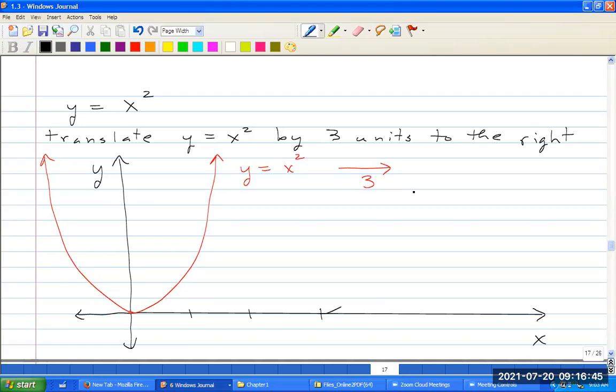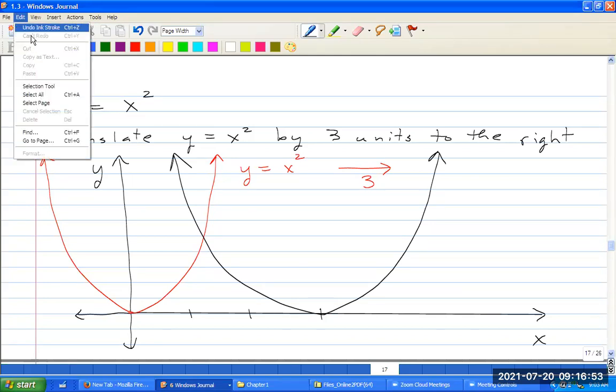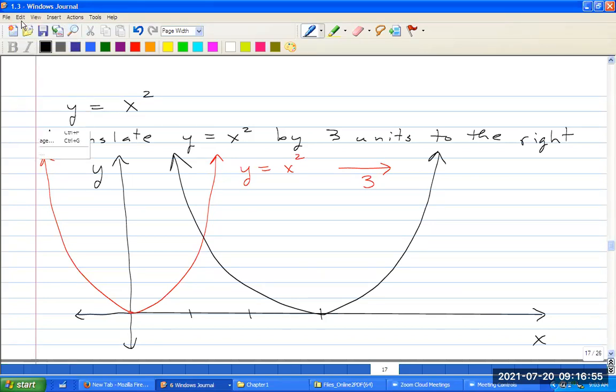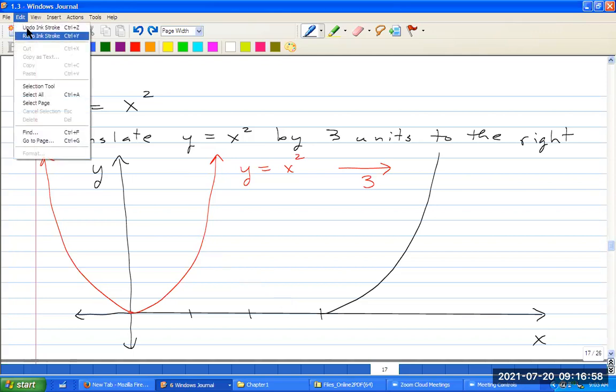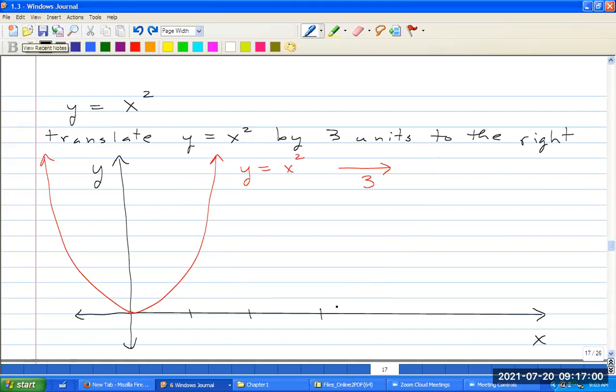It doesn't quite look like the same function. Let's not make it as wide. Not too bad. Okay, so this is 3.